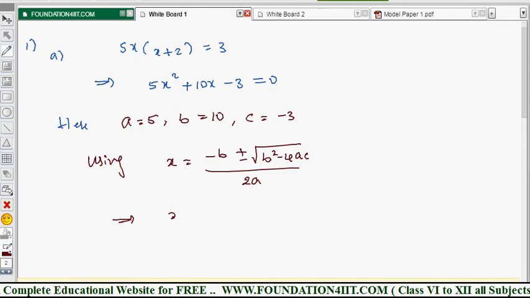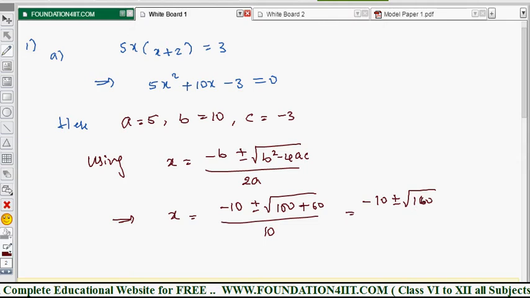Just substituting all these values, you get the x value: minus 10 because b is 10, and plus or minus square root of b square, 10 square is 100, minus 4ac, so 4 into 5 is 20, 20 into 3 is 60, so minus and minus makes plus 60. Simplifying by 2a, so 2 into 5 is 10. So minus 10 plus or minus square root of 160, 100 plus 60 is 160, by 10.